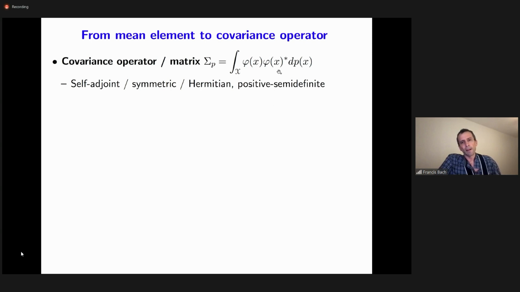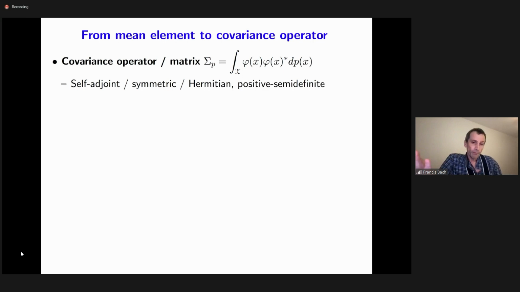Here, phi phi transpose is the rank 1 matrix, if you're in finite dimension, whose elements ij are phi(xi) times phi(xj). So it's a rank 1 matrix. If you are in a Hilbert space, it's an operator, but let's see it as a matrix. Essentially, sigma P is the uncentered covariance matrix of the feature phi for the distribution P.